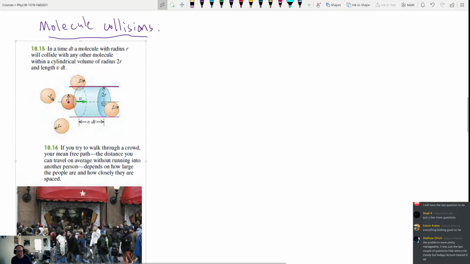The radius of the molecule, r, is only half of that, because if a molecule can fit in half of the volume, then this molecule will still hit it. So it's a radius of 2r, because a molecule that has a diameter of 2r will fit right inside of there.